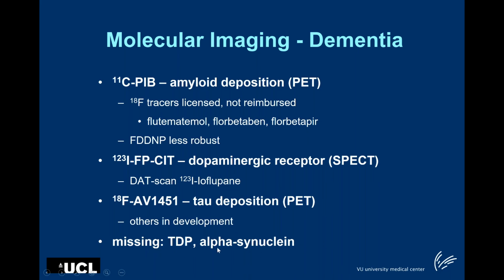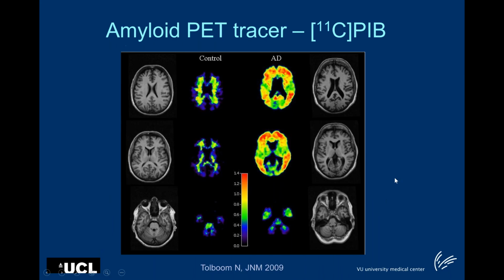The most widely used in research studies is the AV1451, which is a research tracer. Others are in development, including more commercial tracers, but that's still a long way to go. What is missing is tracers for other protein pathologies, for example alpha-synuclein, which you can find in Lewy body dementia, or some other targets that are relevant in the FTD spectrum.